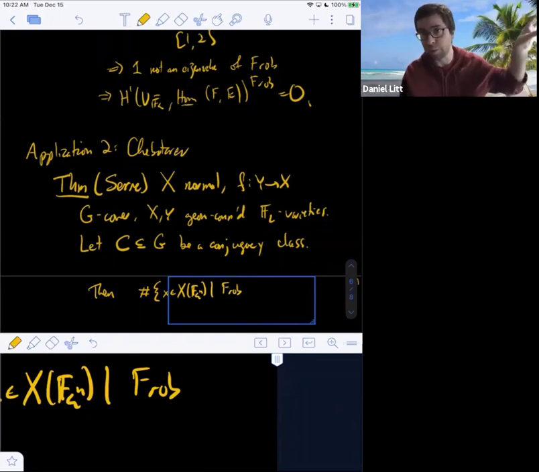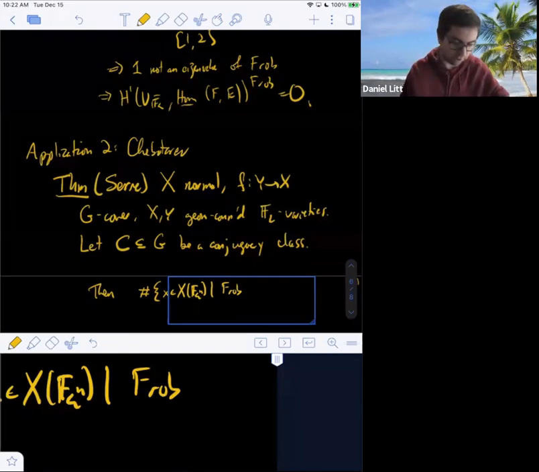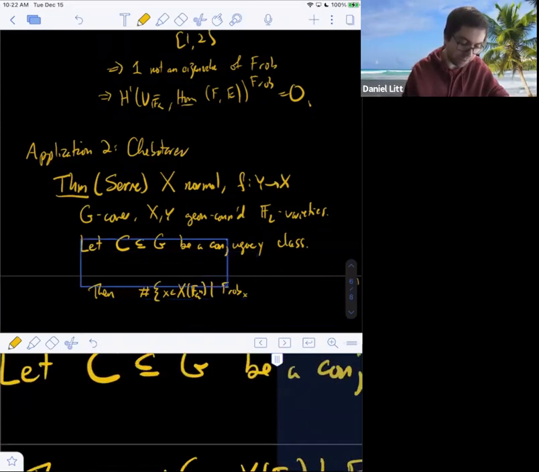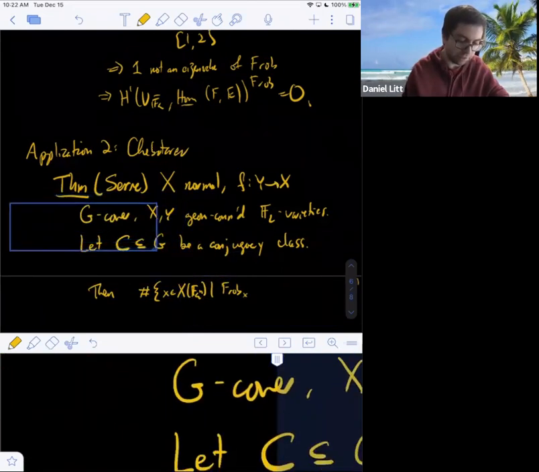So you get a map from the Galois group of F_{q^n} to the fundamental group of X, and the image of Frobenius is well defined up to conjugacy. So that's an element called Frob_x inside of pi_1.